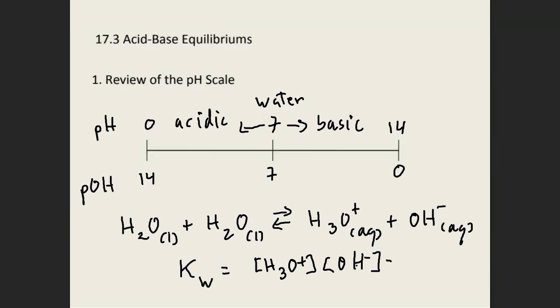And if you look it up on page 9, it actually has a number, which may, I don't know, trigger some thoughts. 10 to the minus 14. Oh. So for any solution in water, these two guys always multiply to this number. Now, more about that later. For now, there's the Kw.